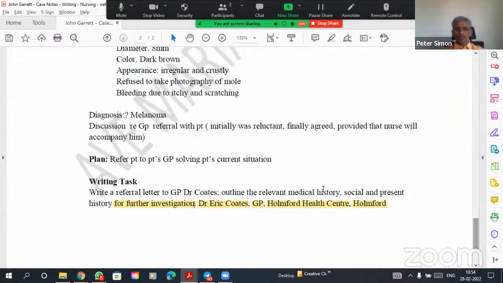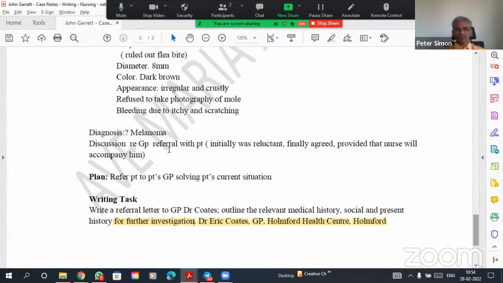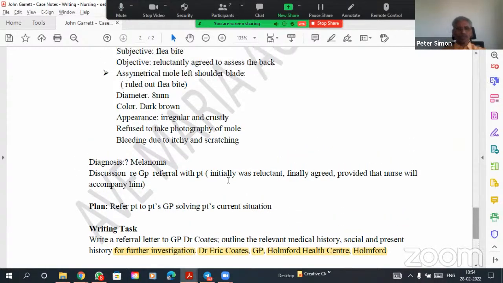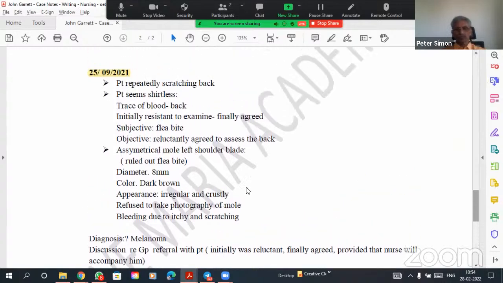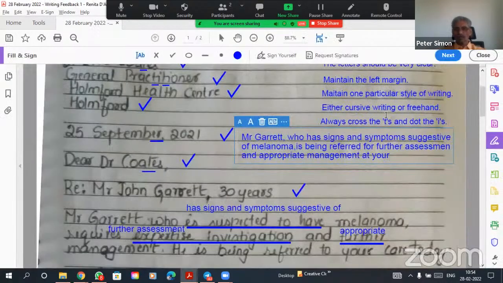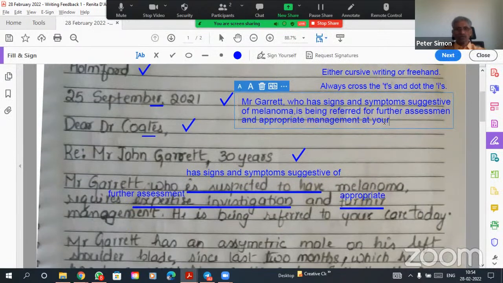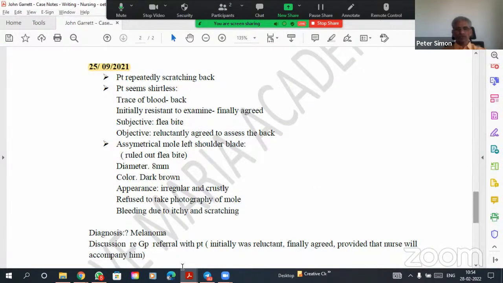Outline the relevant history, medical history. GP referral with patient accompanying, solving patient's current situation. Management at your referral to patient.